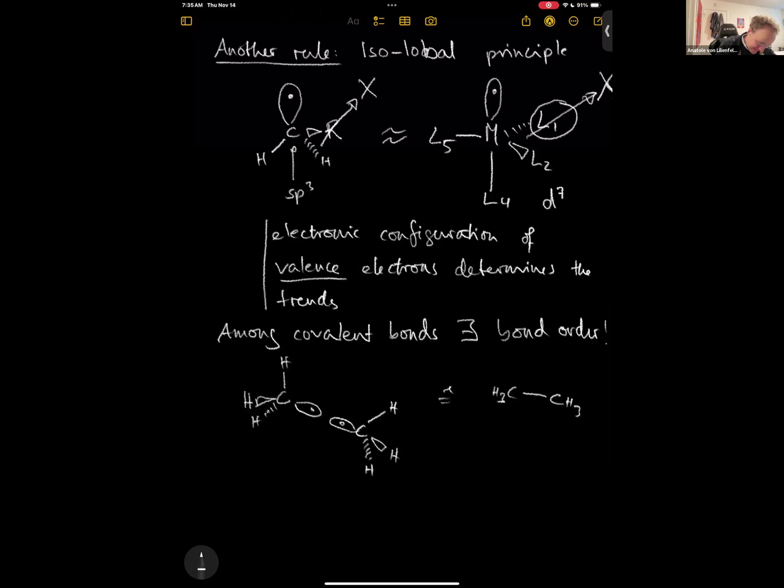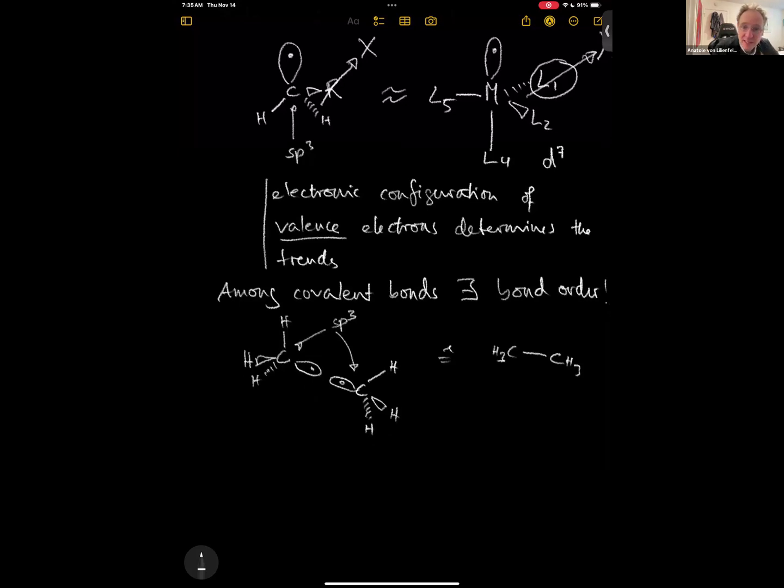Now, similarly, these are sp3 carbons. Similarly, you can consider sp2 carbons. They could look something like this, where you have your single bond, again with the hydrogens in front and behind the board.